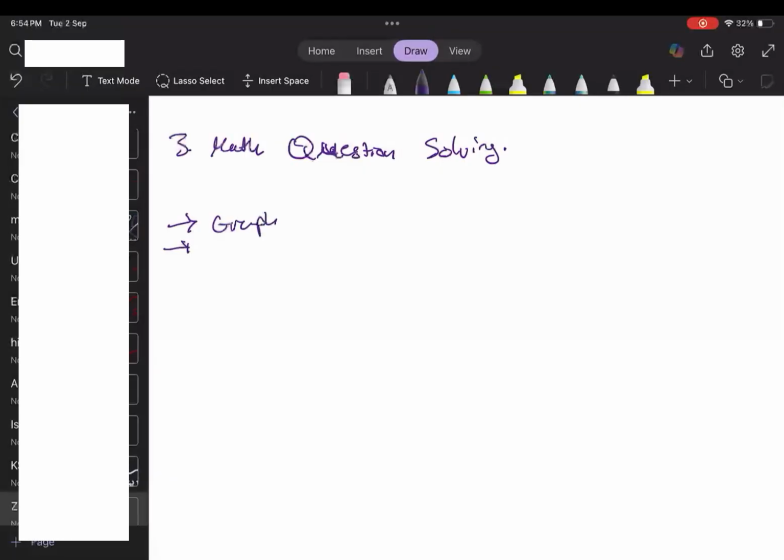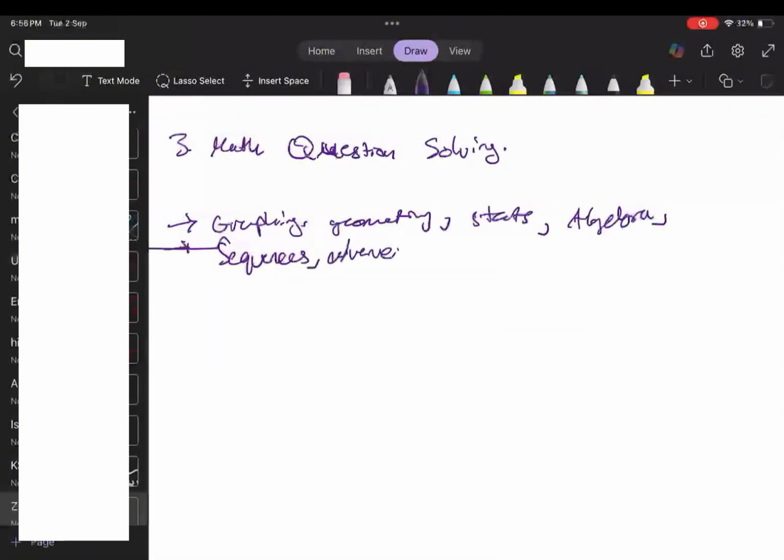We're talking about graphing, geometry, stats, algebra, sequences, advanced math, etc. It's a lot of lessons to study in a short period of time, so I usually recommend starting 3 months before the SAT.